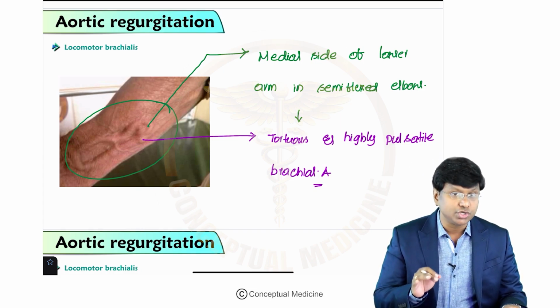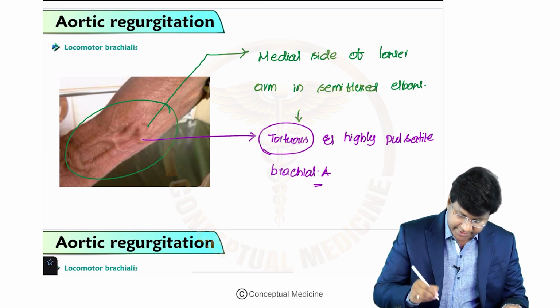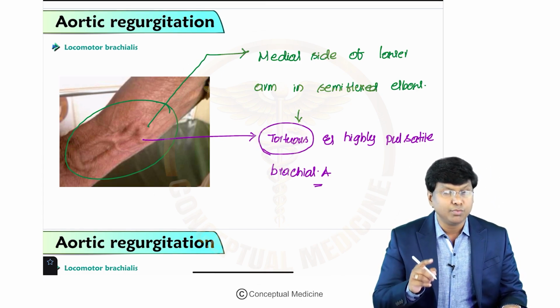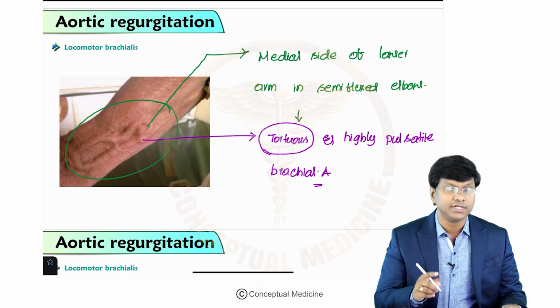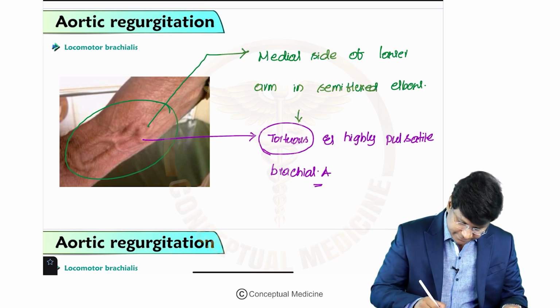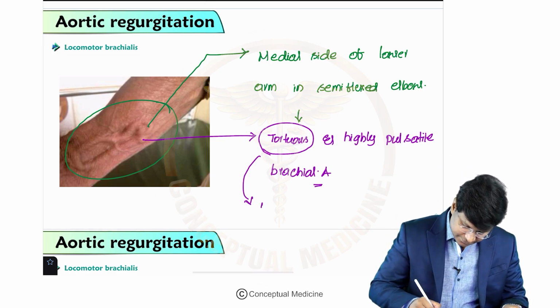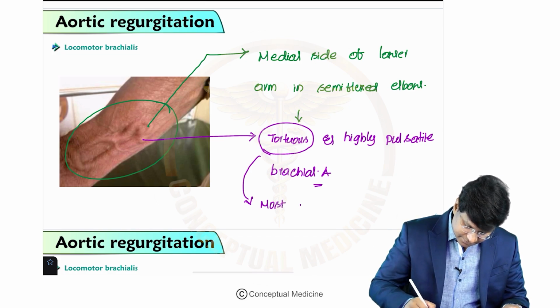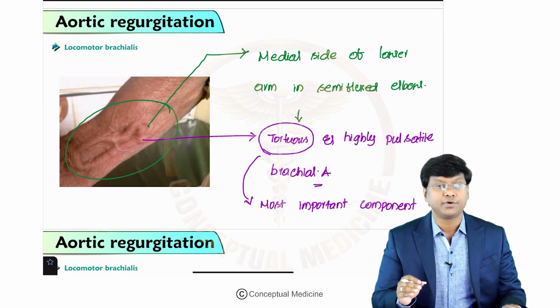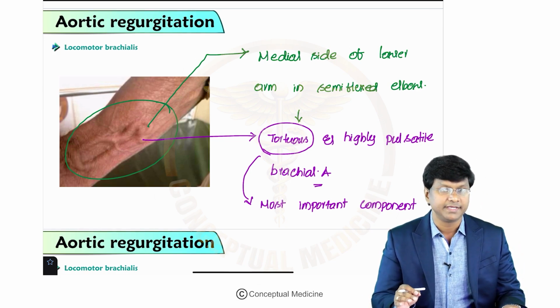So this particular tortuosity is the most important component of the locomotor brachialis.